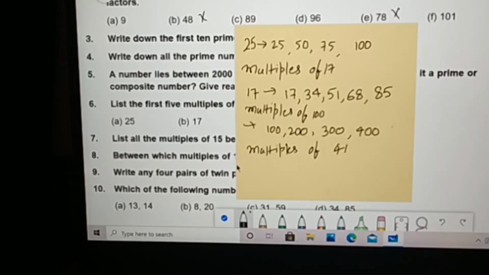You just multiply it by 1, 2, 3, 4, 5. So 41 ones are 41, by 2 is 82, by 3 is 123, by 4 is 164, and by 5 is 205. Thus you are getting 5 multiples of 41.